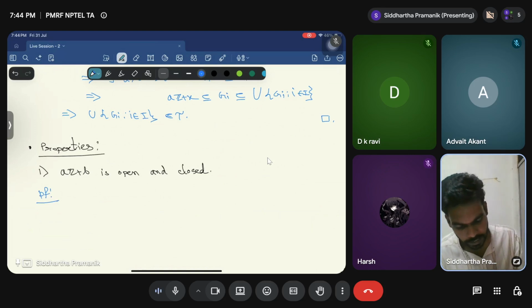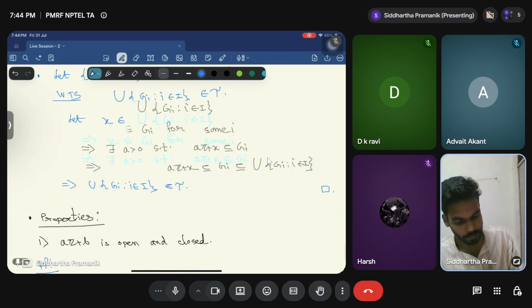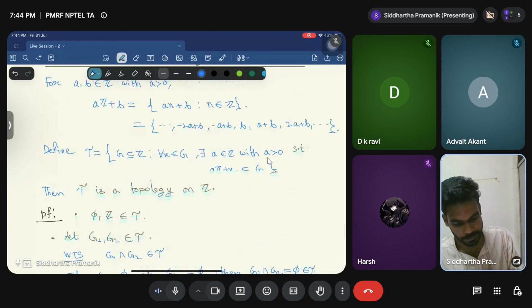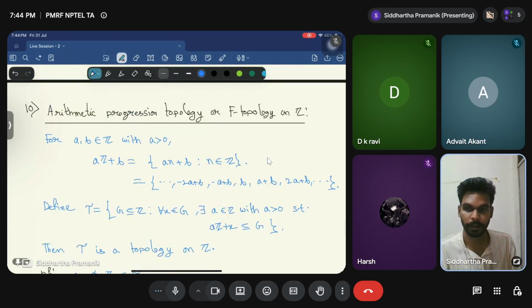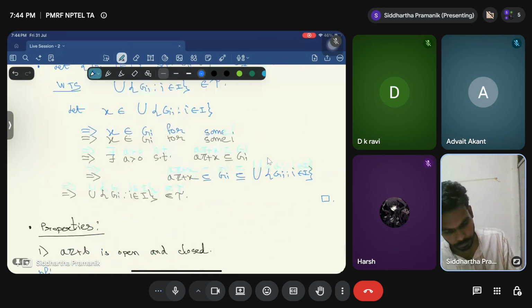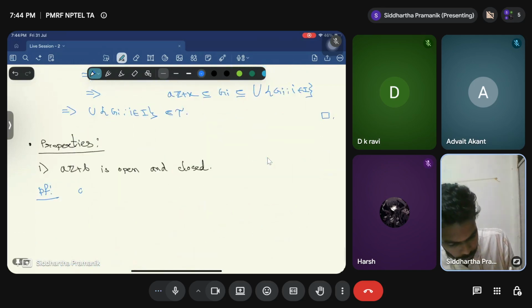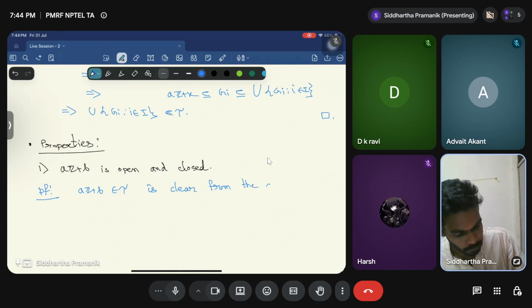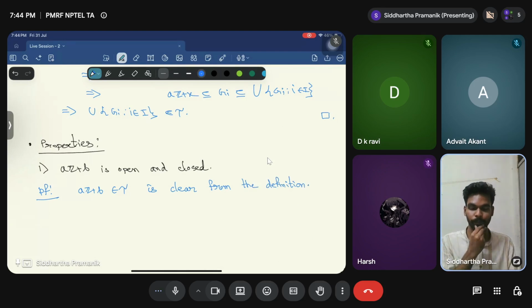So this aZ plus b is open. This is clear from the definition itself, right? So aZ plus b belongs to tau is clear from the definition. But why is it a closed set? Can you say? Can you guess?